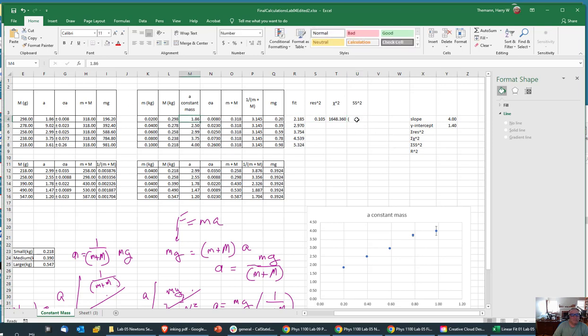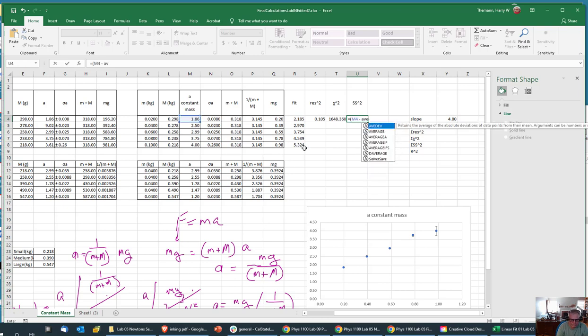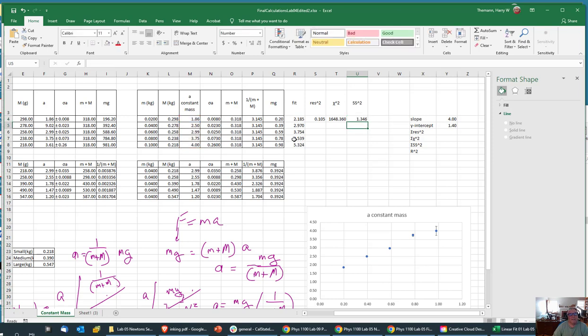Oh, I forgot the equal sign. Equals, open parentheses, data point, minus the average of the data points. And now we need our F4 key. Yep, because it's always the same average. And then we want to close it and square it. Now we have our SS squared.